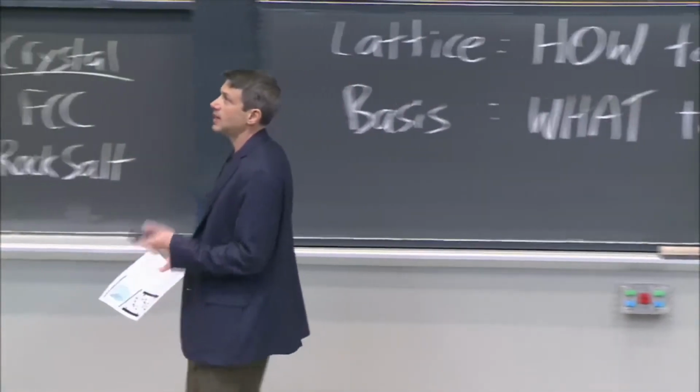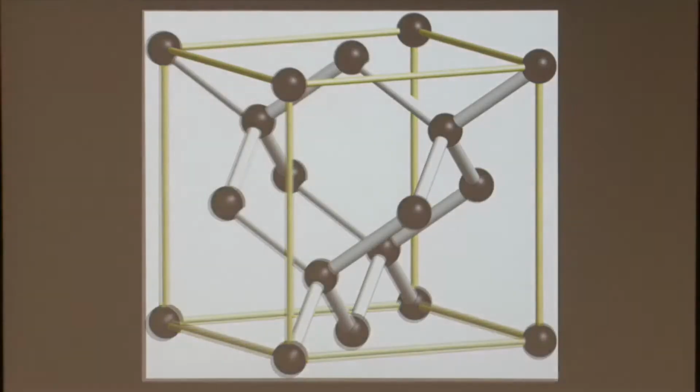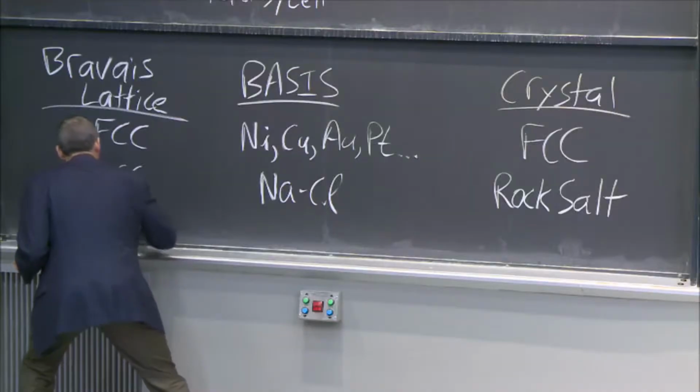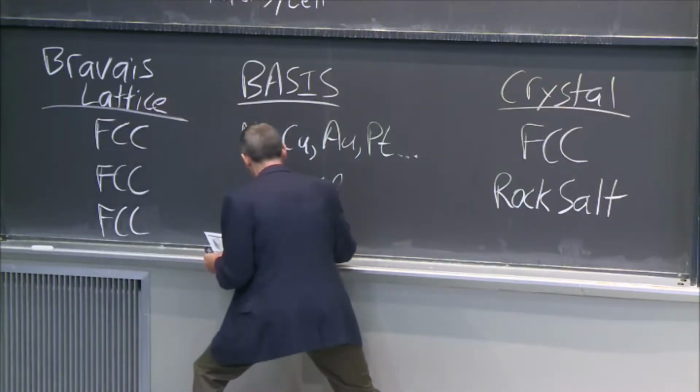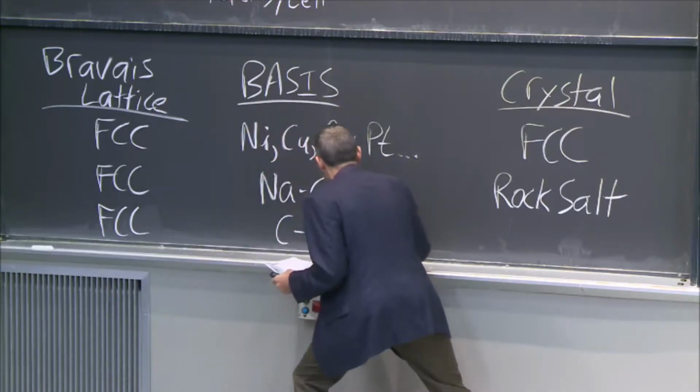Well, we talked about diamond. This is diamond. Well, diamond is the same Bravais lattice. It doesn't look like it at first. But see here, I have a different pair. Here I have a carbon-carbon pair, or it could be silicon-silicon.